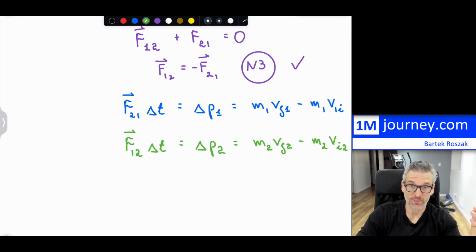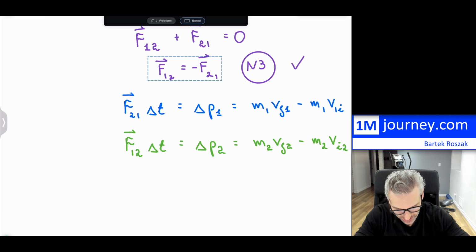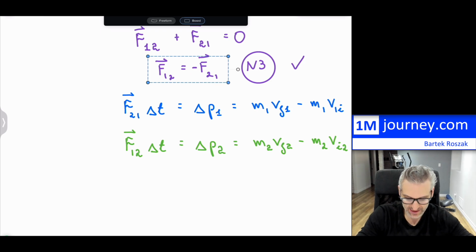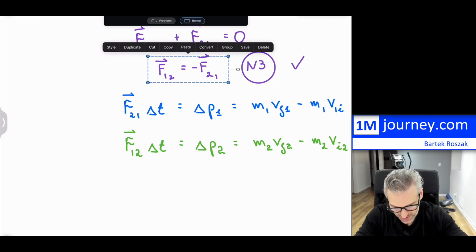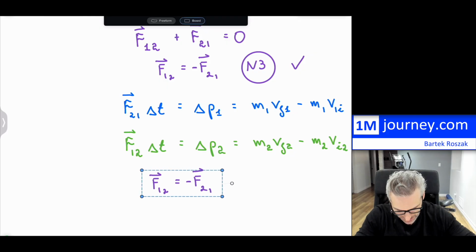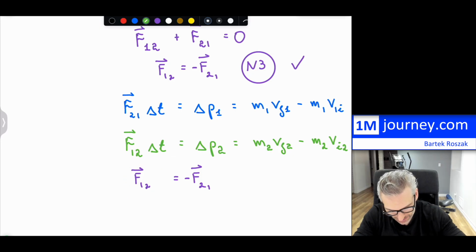So now, if I go back to what I said, which is this right here, notice that what I can do is multiply both sides. If I take Newton's third law and multiply both sides, leaving a little bit of space here, that multiplication would be by the change in time right there.